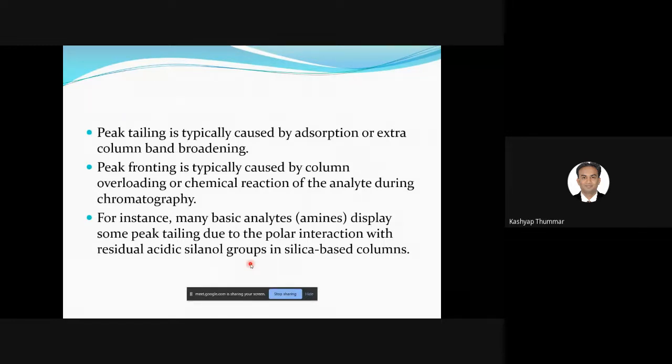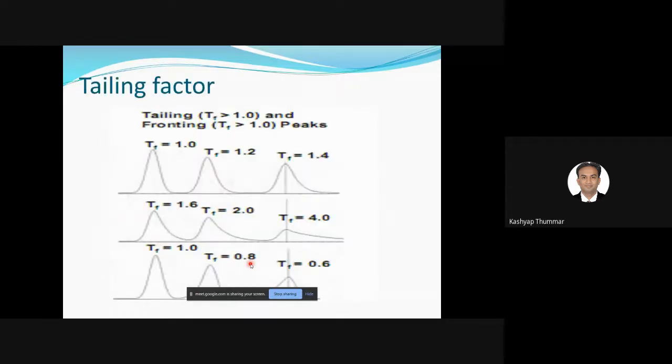A drug or any compound having a basic amine functional group can interact with the acidic silanol groups of the column, giving a polar interaction, and it will convert into peak tailing.